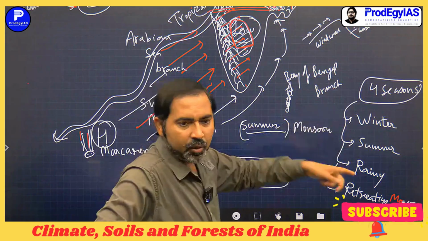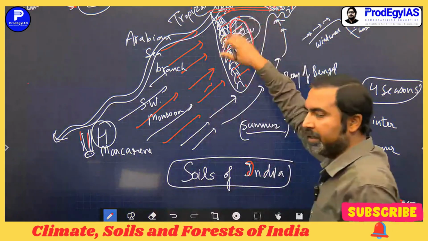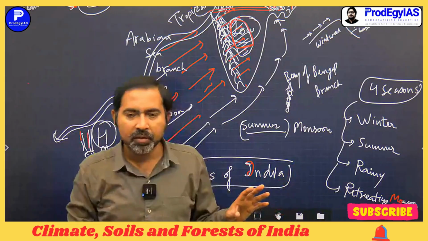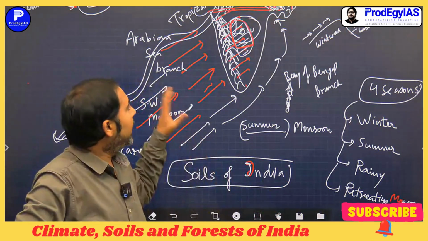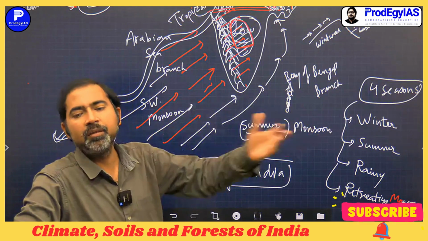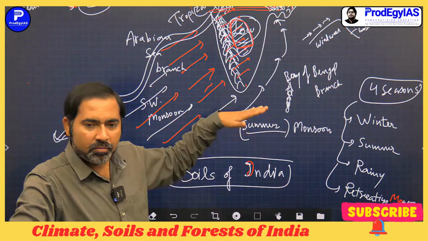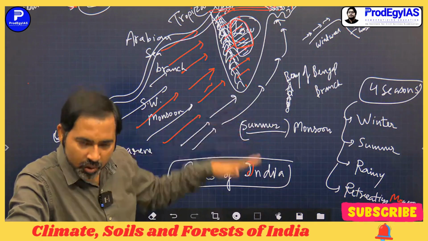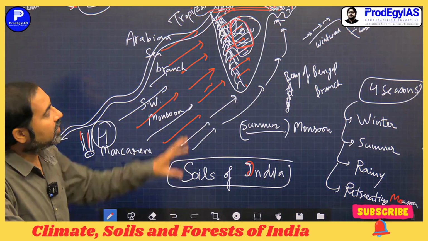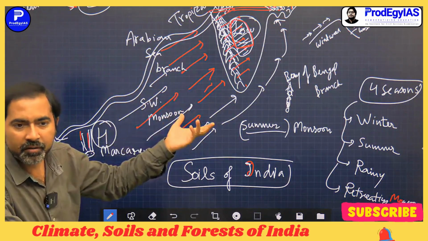Rainy season is the southwest monsoon, and this retreating monsoon is when the conditions are over. Slowly, this high-low differential, as the heat ends and the sun's movement goes southwards, this land-sea contrast will end.